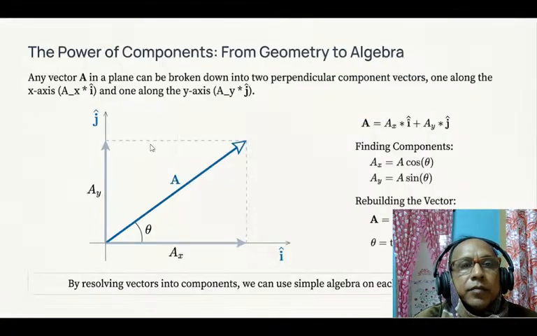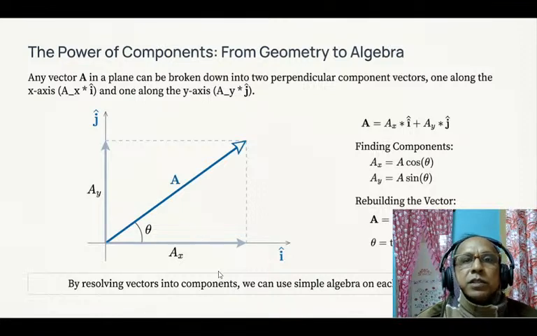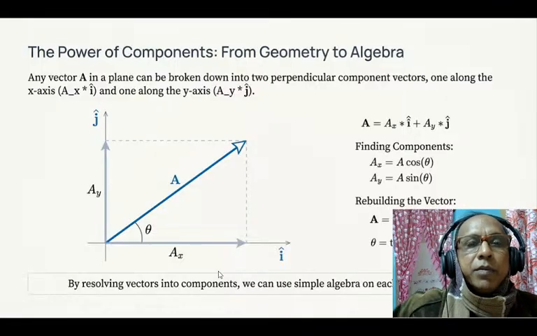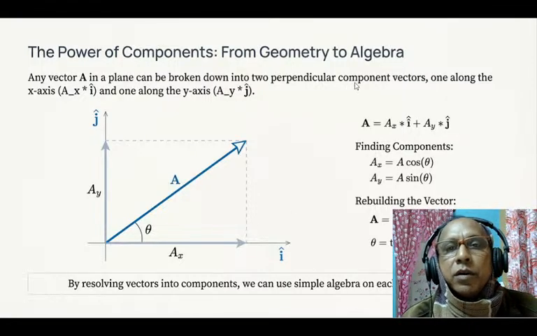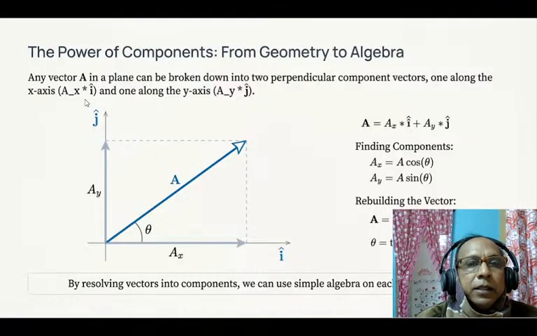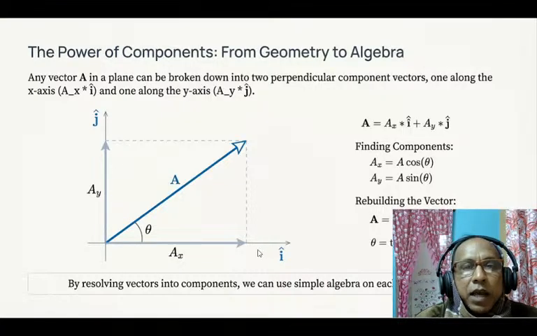You see here the power of components, from geometry to algebra. Any vector a in a plane can be broken down into two perpendicular component vectors, one along the x-axis and one along the y-axis. You see here, this is the origin, this is ax, this is ay, this is i, the unit vector along x direction, and j, the unit vector along y direction. This is vector a, this is angle theta.